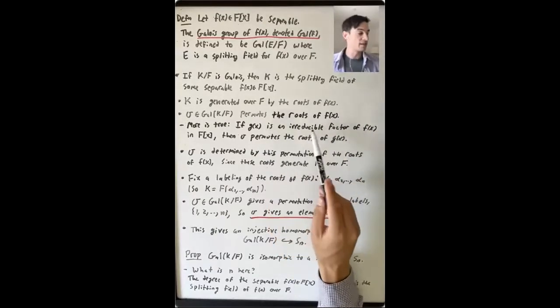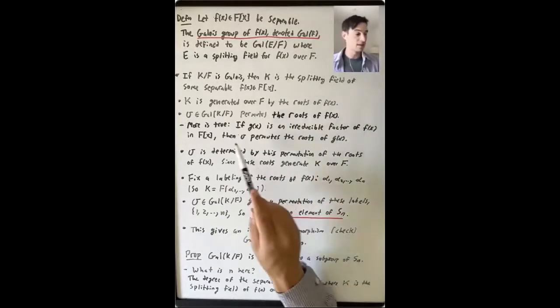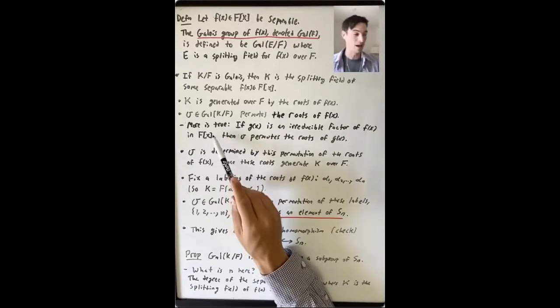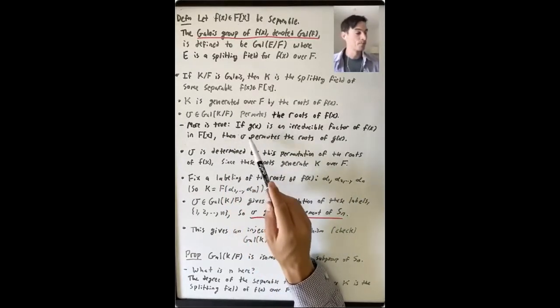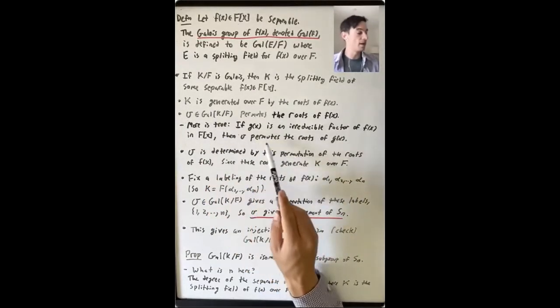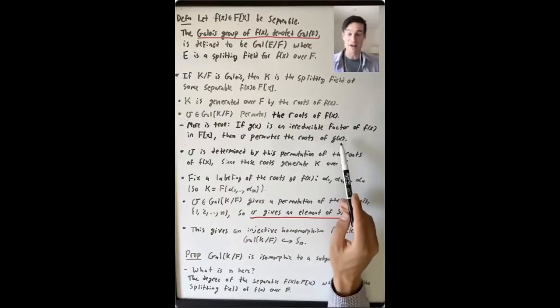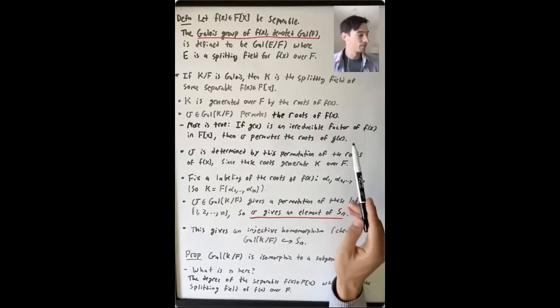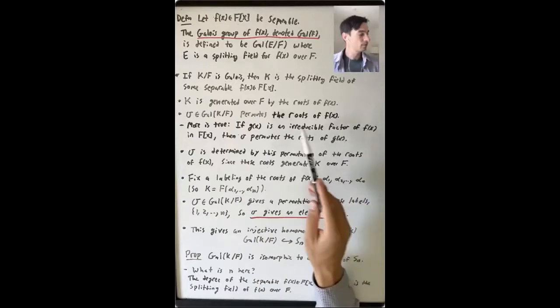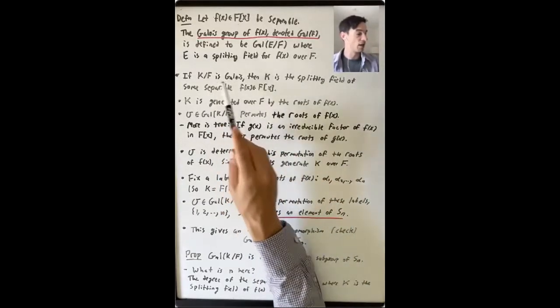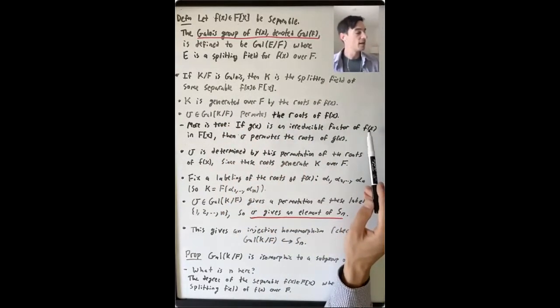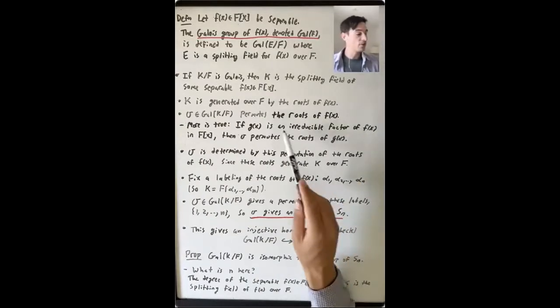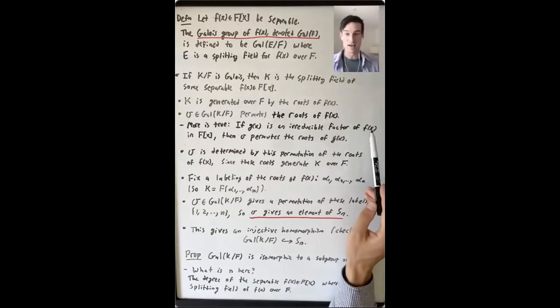So if g(x) is an irreducible factor of f(x) in this polynomial ring F[x], then this Galois element permutes the roots of g(x) in the splitting field. Okay, so just remember, K is the splitting field of this polynomial f(x). Every root of f(x) is in K. So if g is an irreducible factor of f(x), the roots of g are contained in the roots of f.